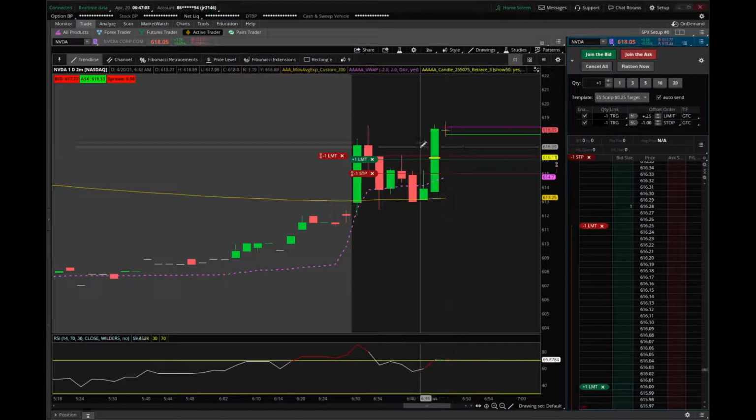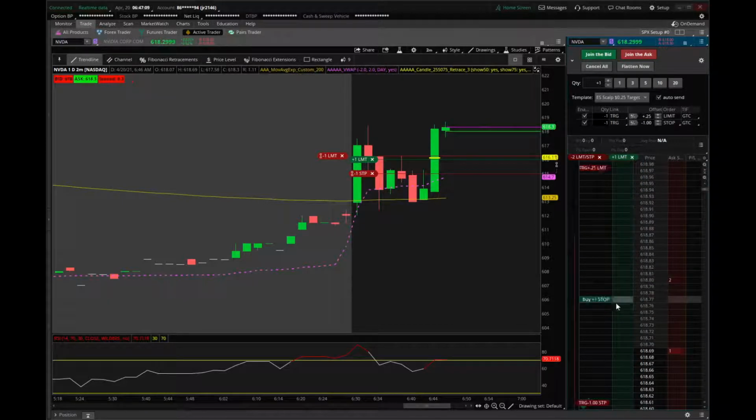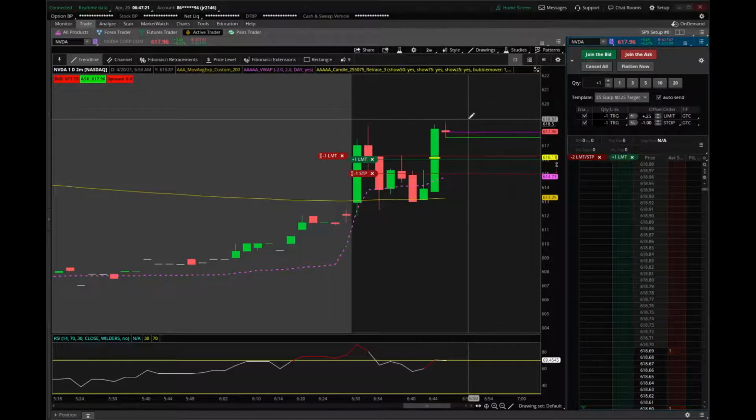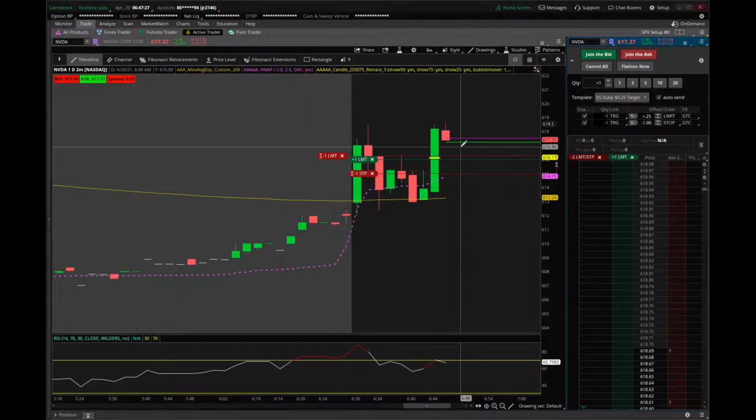And again, we're just looking for a quick little pullback. On the flip side, let's watch to see if it blows through the highs, right? If price just blows through, I'll look for a buy right here, because I want that first retest back to it if it happens. So we'll see.